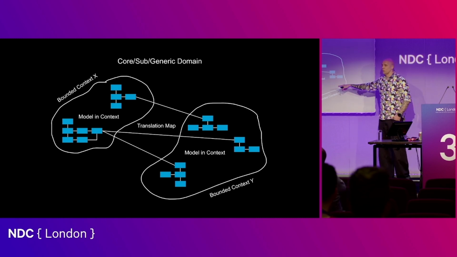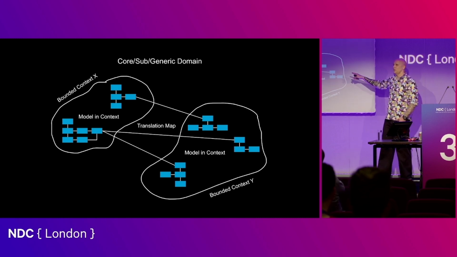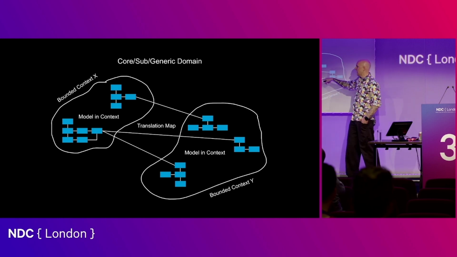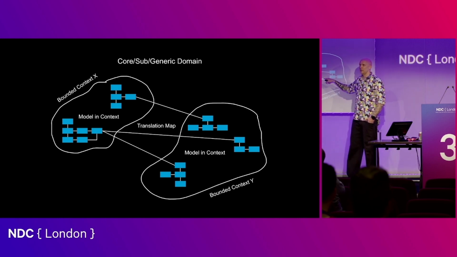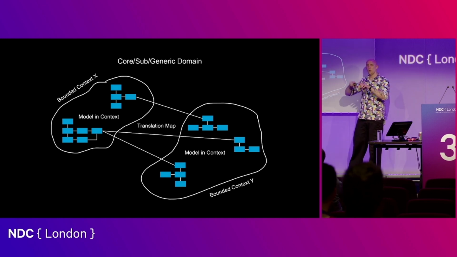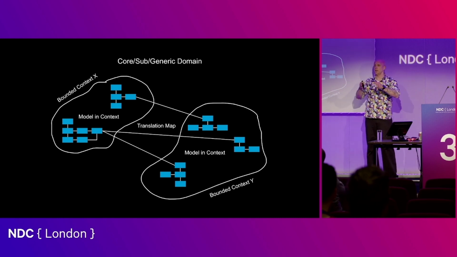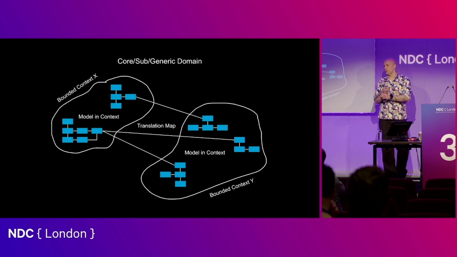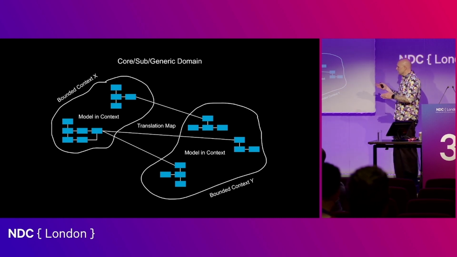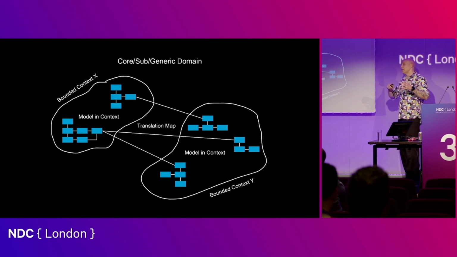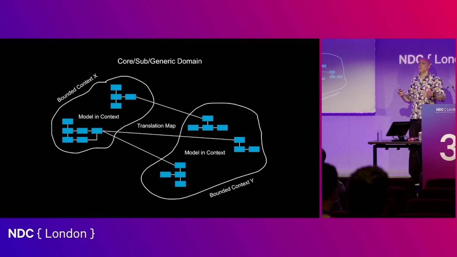Team Y is going to work on this part of the domain. And then they sit down and agree on how to translate the different things between the different domains so they can work in isolation, but they have an agreement on how they interact with each other. This is kind of good if you have a domain that is too big, but you do want to try to avoid it because it makes it more complicated, right?